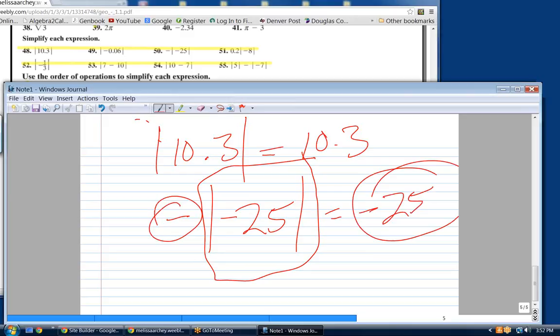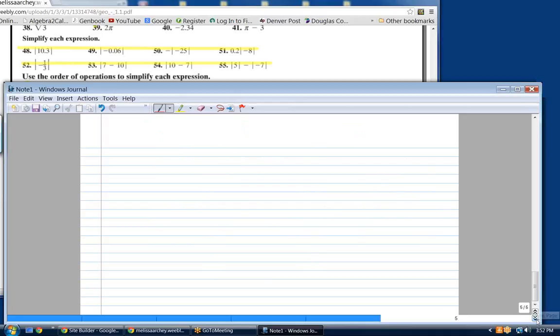What's 51? 8 plus 8.2. Well, first of all, do it one step at a time. Eliminate the absolute value. All right, so it's 8. Well, okay, it's 0.2 times what? 8.